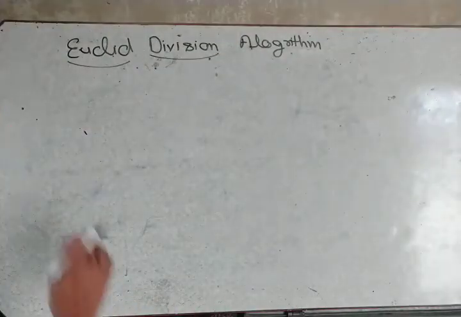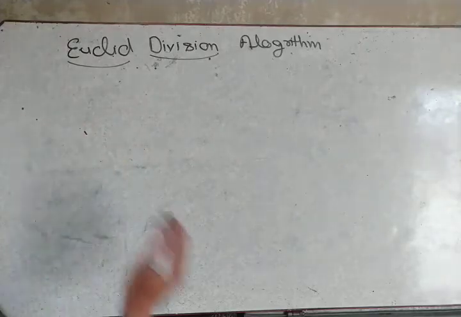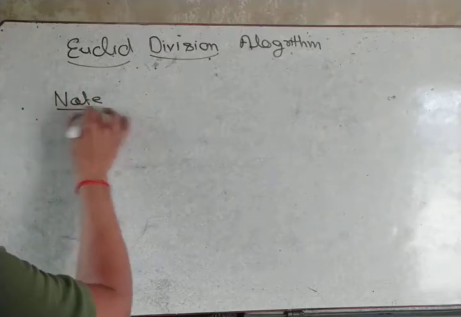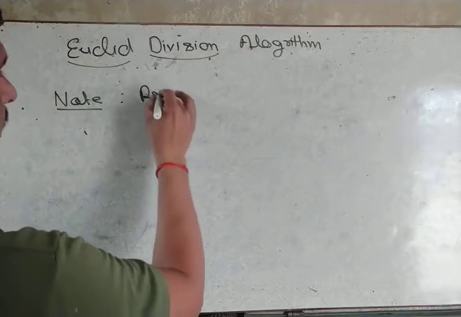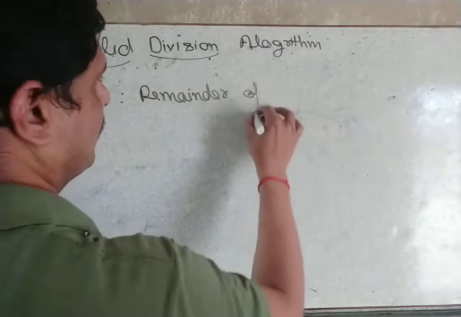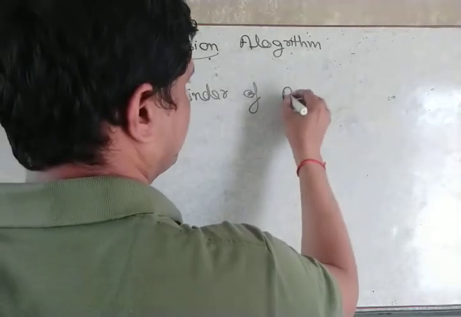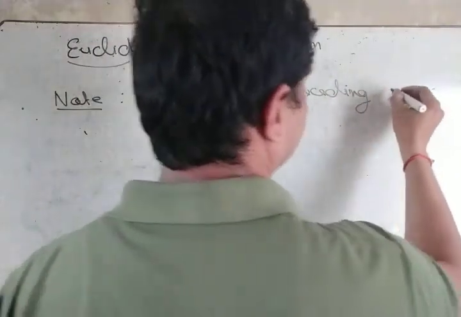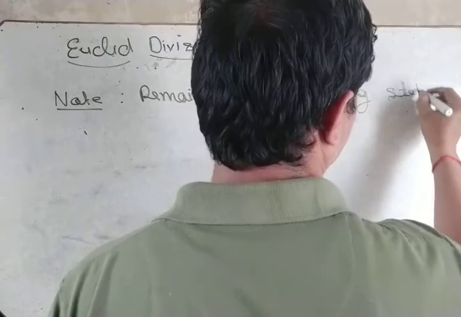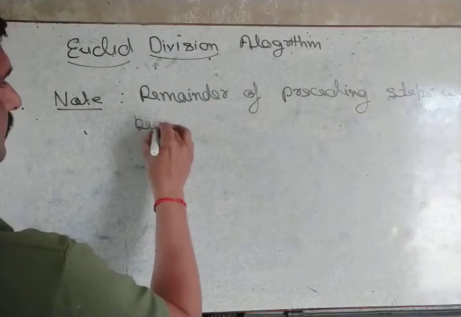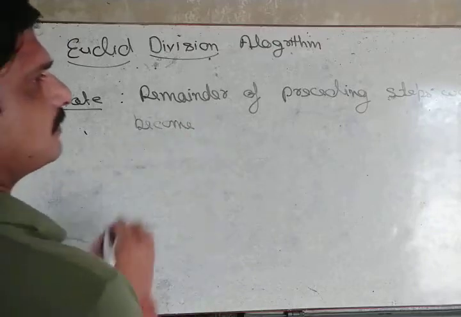Similarly, let us write this thing. Note: remainder of preceding step would become what?